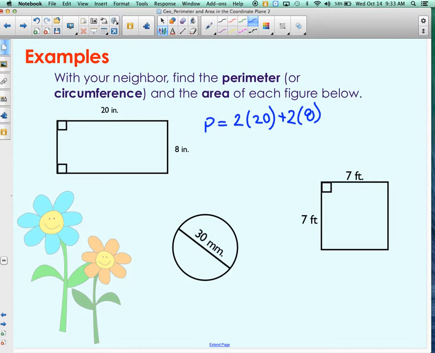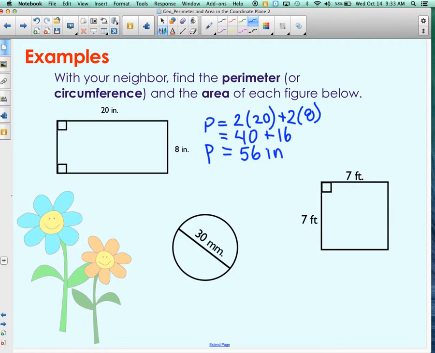Or to save yourself some time, 2 times 20 gives me 40, 2 times 8 is 16, that's 56. 56 what? Inches. I bet if you did 20 plus 20 plus 8 plus 8, you got 56 also, right?